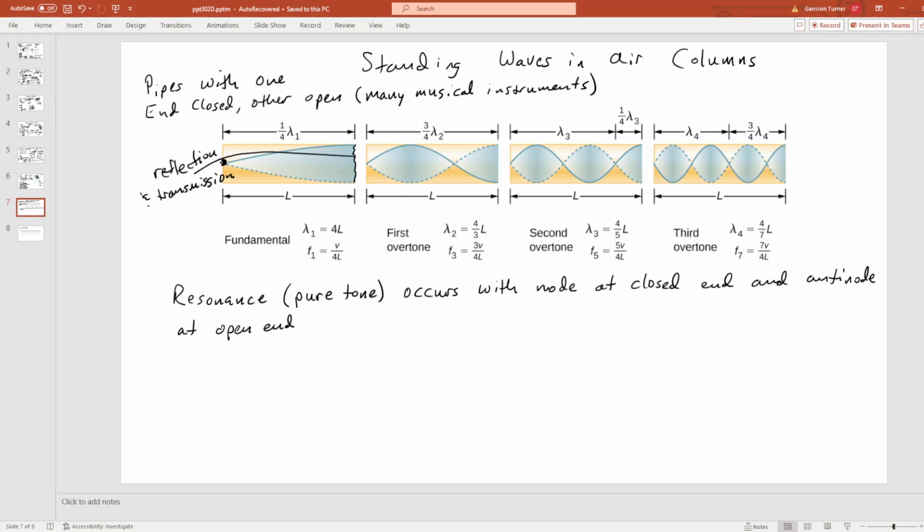Because the particles are up against the boundary, there's really nowhere for them to go. So they're not being pushed around with rarefactions and compressions. You're going to get your maximum compressions and rarefactions at your antinodes.